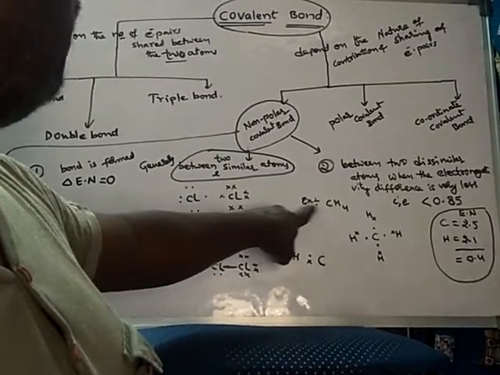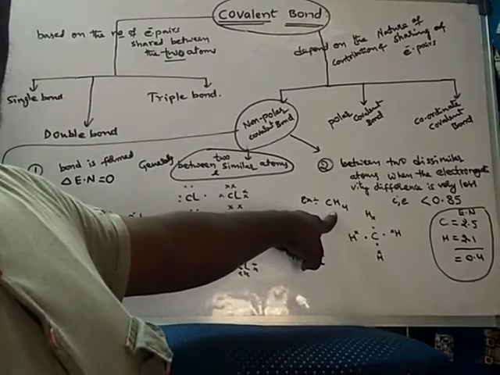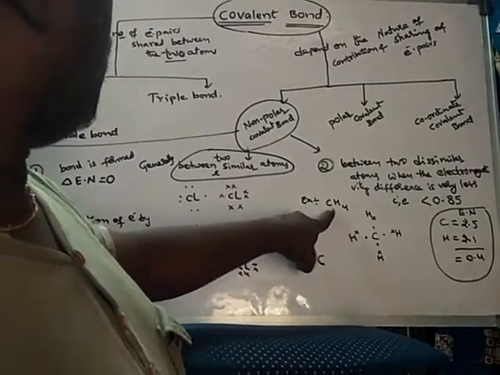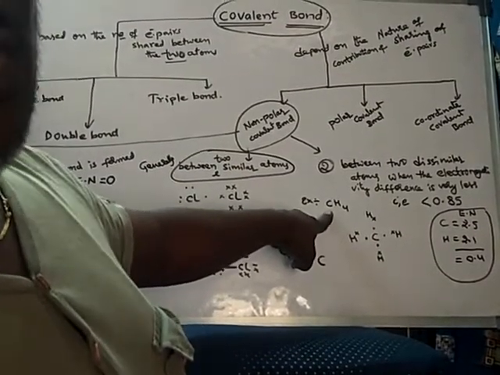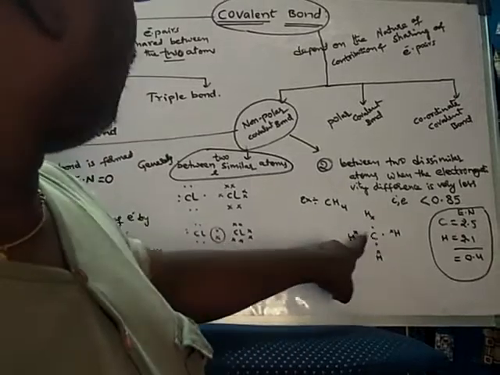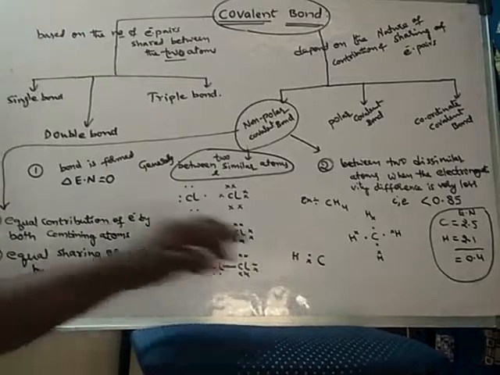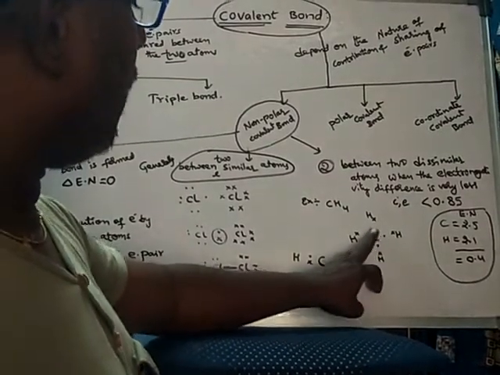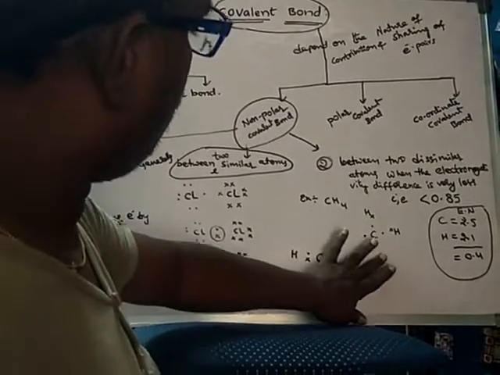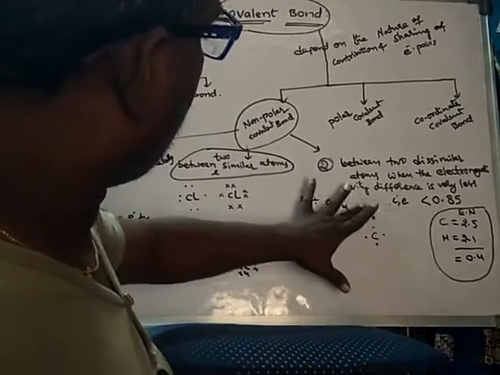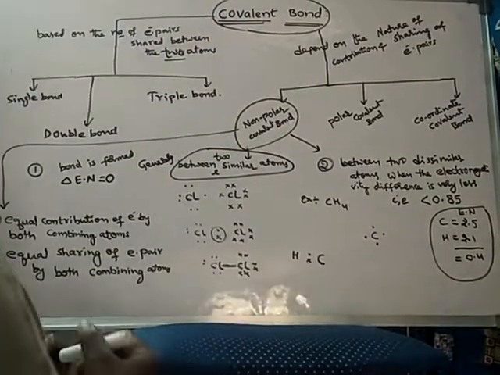Let us take an example, methane, CH4. Its formula is CH4. Here in CH4, carbon is the central atom. It is bonded to 4 different hydrogen atoms like this. Carbon is surrounded by 4 hydrogen atoms. Carbon has 4 electrons in its valence shell.